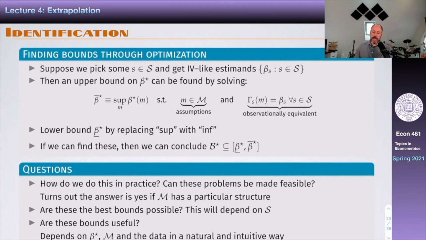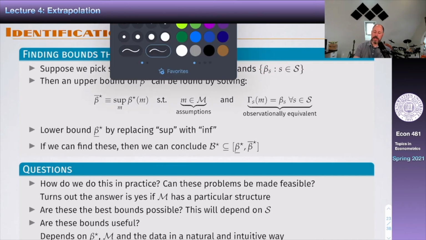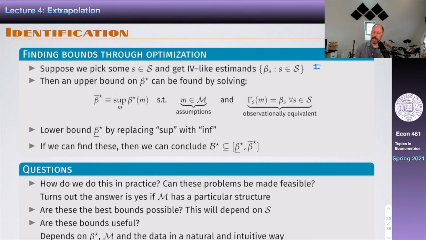So identification. We're going to find bounds through optimization. The idea is this. Suppose that we pick some class of estimators to get IV-like estimates. Here, just to make it simple, suppose that S only includes two: IV and OLS.